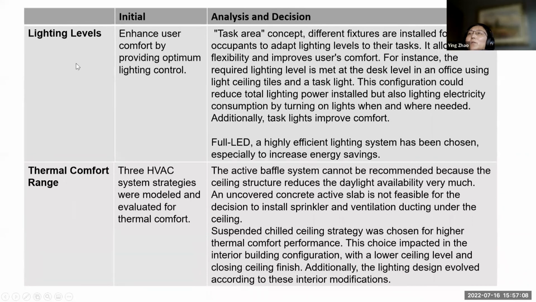For lighting levels, they want to enhance comfort by providing optimal lighting control. So they considered a task area concept. Different fixtures are installed for the occupants to adapt lighting levels to their task, to allow more flexibility and improve user comfort. For this building, they consider comfort more than the energy. They also consider energy.